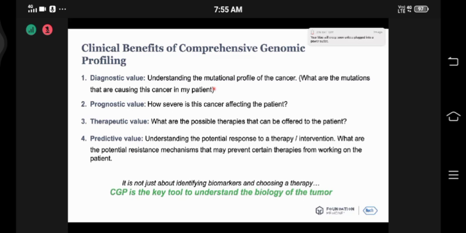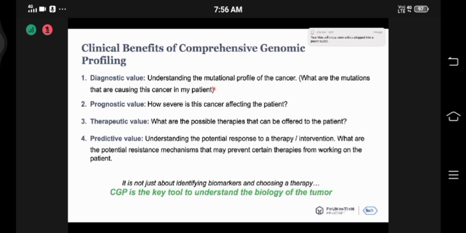Therapeutic value. What are the possible therapies that can be offered to this patient? Predictive value. Now we know that this particular mutation means this particular tablet or injection or chemotherapy is recommended. And we will also know, because of the information we have, whether this might work or whether a quick resistance might develop.